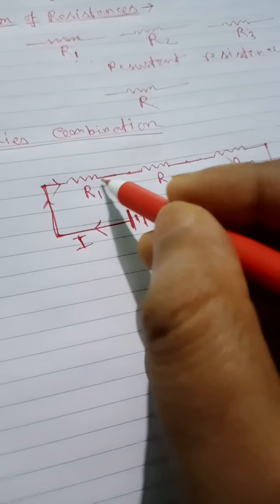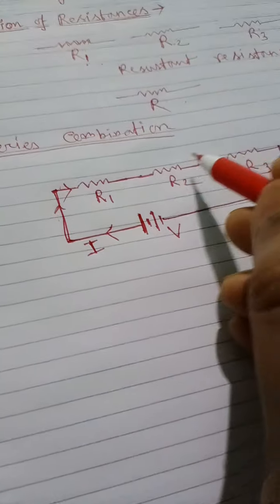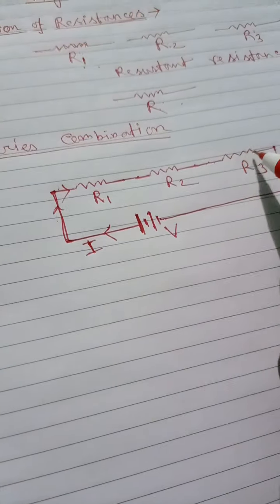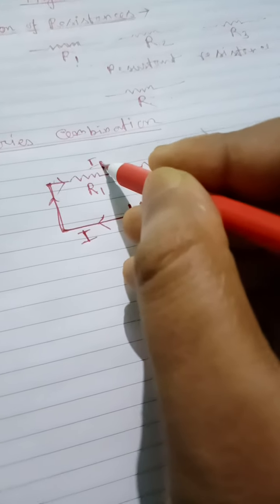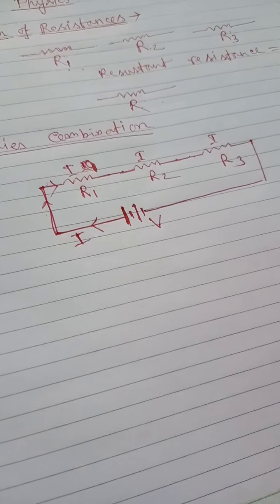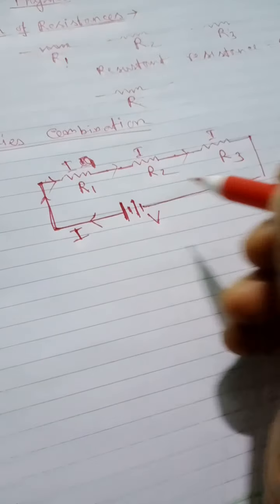So through each and every resistor the same current will flow, because there is only one path through which the current can pass. Through R1 current I will pass, through R2 current I will pass, through R3 also current I will pass.